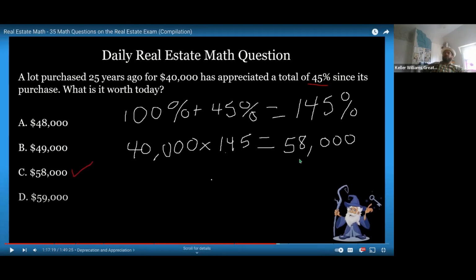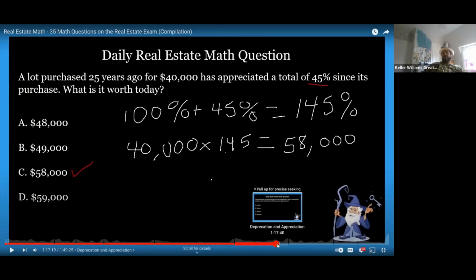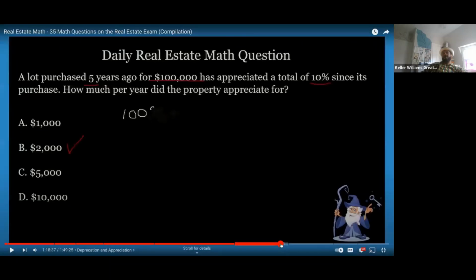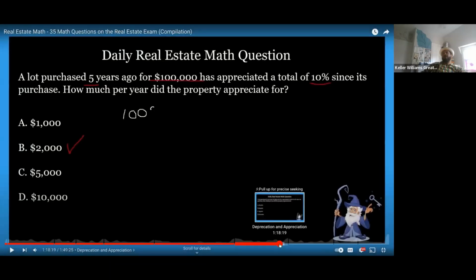So if it's appreciated, put a 1 in front of it. And if it's depreciated, you subtract it out and do the division. So that's still the same. All right, let's go to another one.